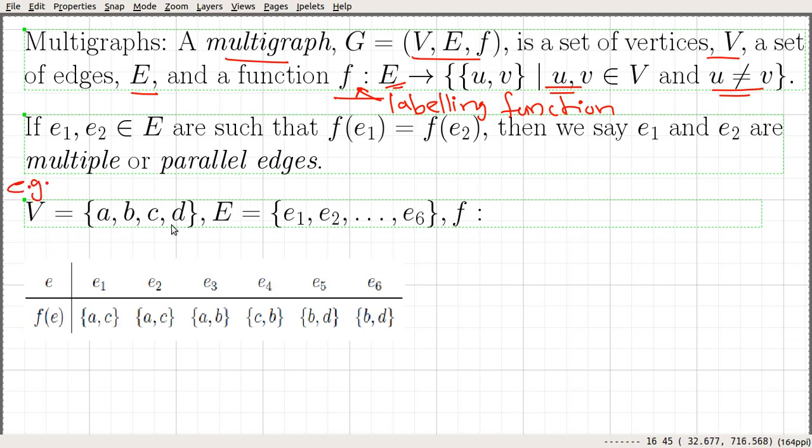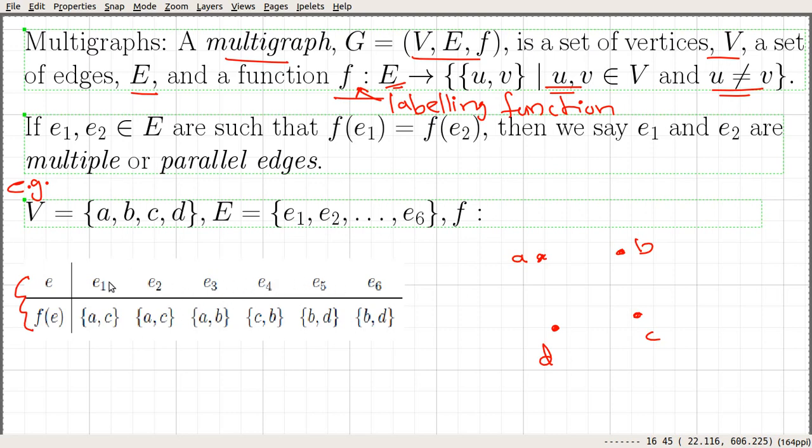The vertex set contains these 4 elements. We have 4 nodes, labeled A, B, C, D, and here we have 6 edges. The function corresponding to this graph is defined in this table.